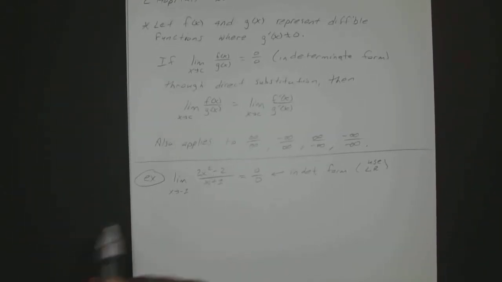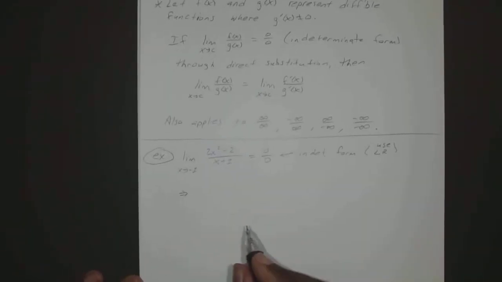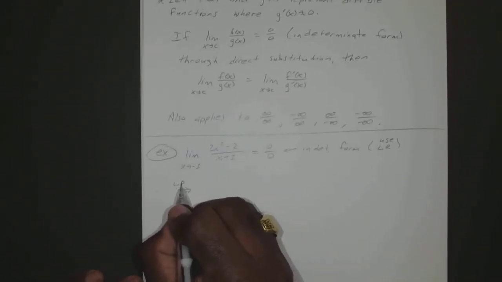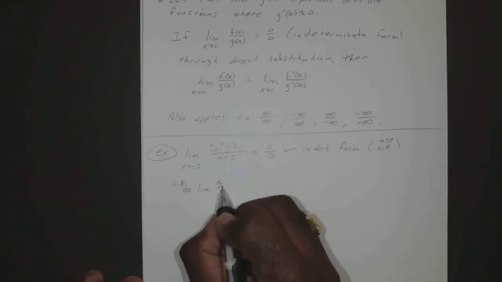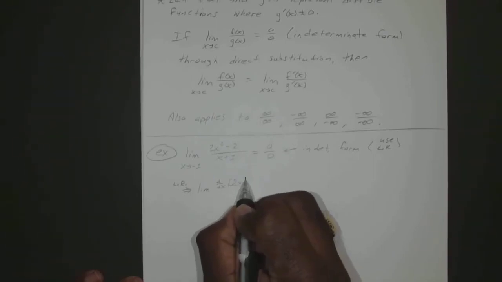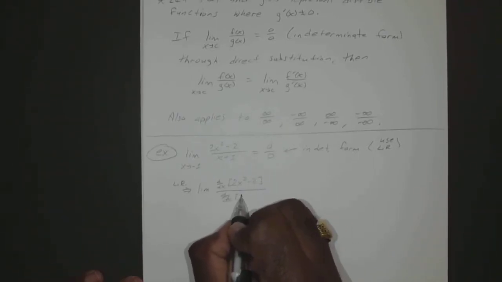Okay. So this means find the derivative of both your numerator and denominator. So it's the limit of the derivative of 2x squared minus 2 over the derivative of x plus 1.